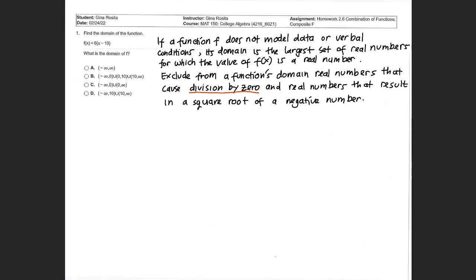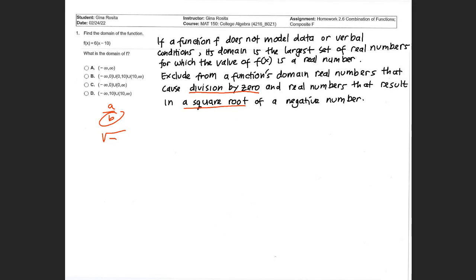So you have to be careful. Yeah, square root, not the fraction. For example, the denominator cannot be 0, because if the denominator is 0 it is undefined. Be careful with square root: no negative inside the square root.